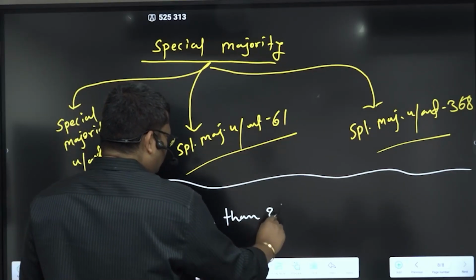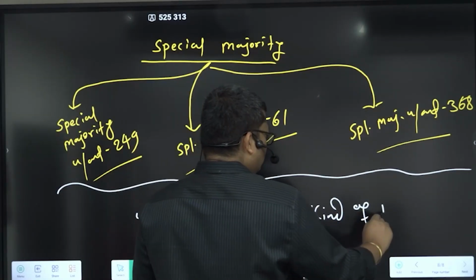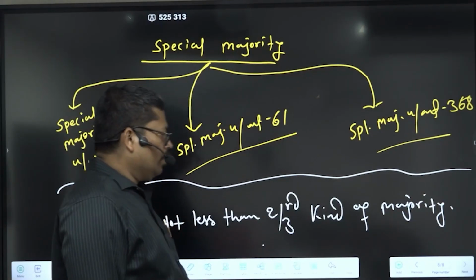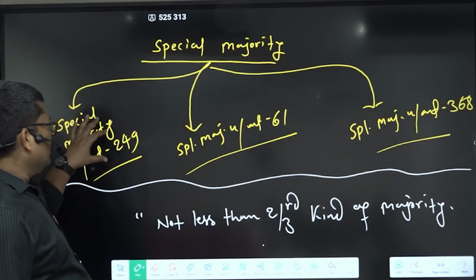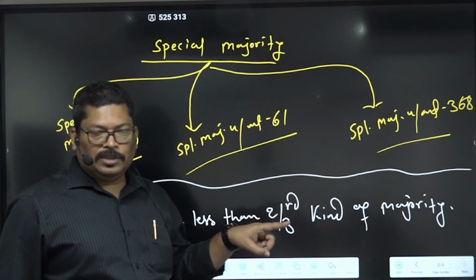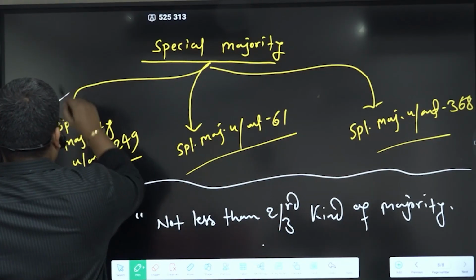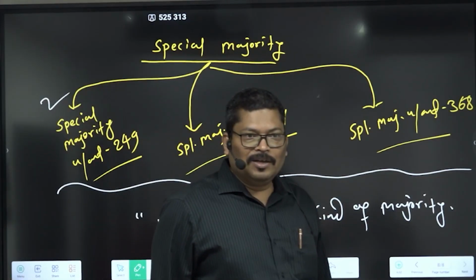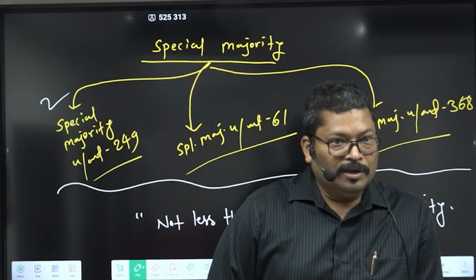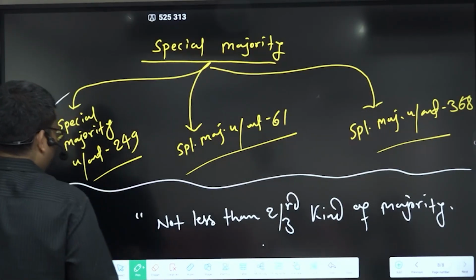It means special majority under Article 249 should be not less than two-third. Now the question is not less than two-third of what? Not less than two-third of Z. What's about Z? Present and voting. So what's the numerical figure of present and voting? 80. So not less than two-third of 80.